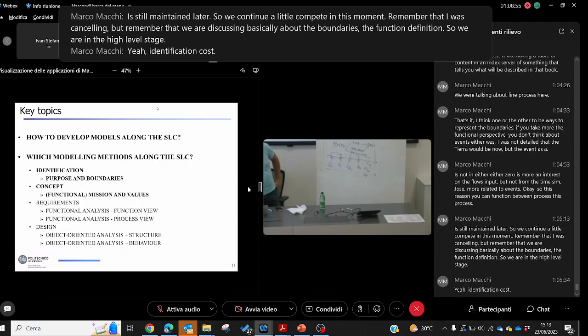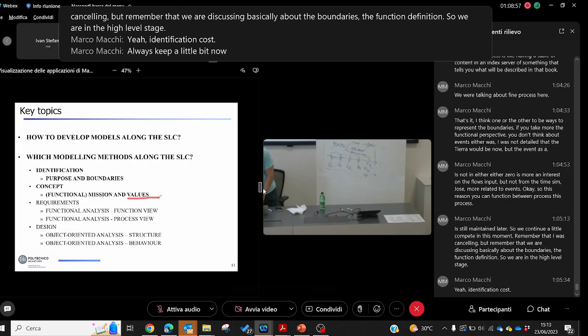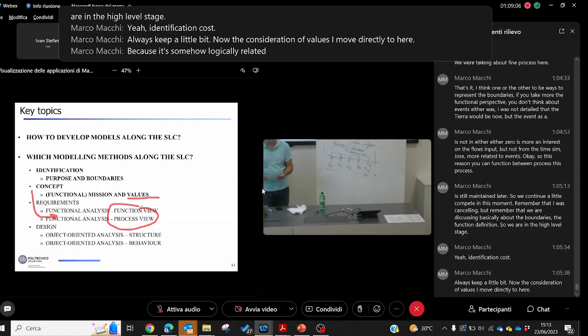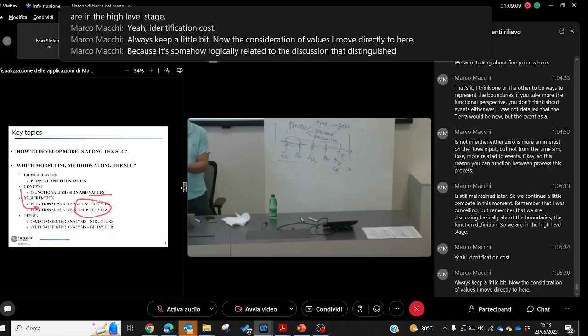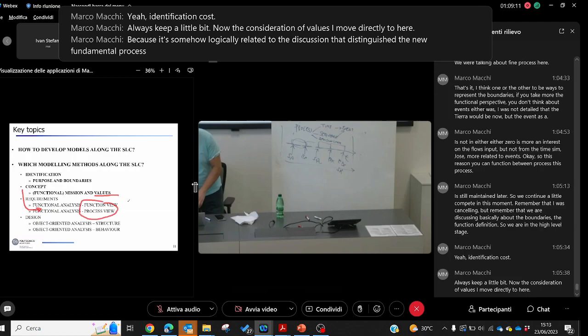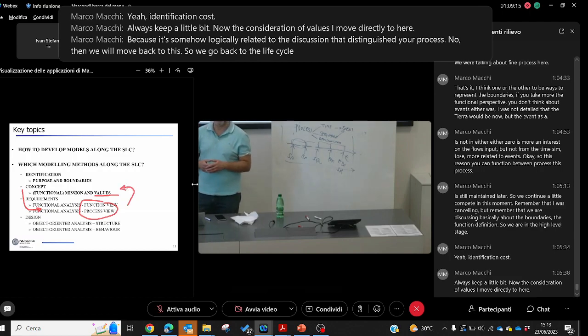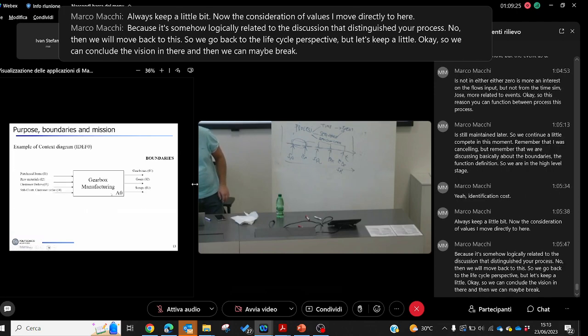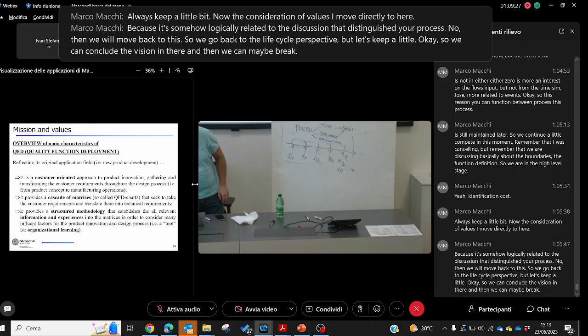I will skip a little bit the consideration of values and move directly to here, because it's somehow logically related to the discussion that distinguishes between function and process. Then we will move back to the life cycle perspective, but I skip a little, okay? So we can conclude the reasoning and then we can make a break.